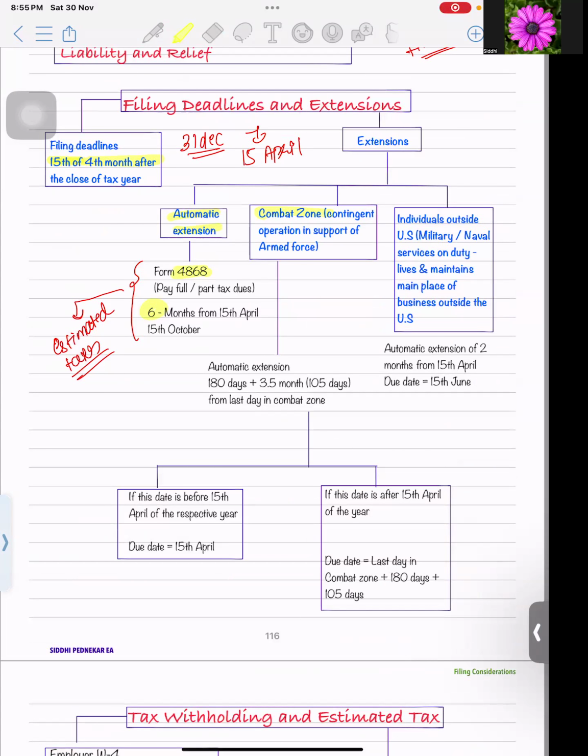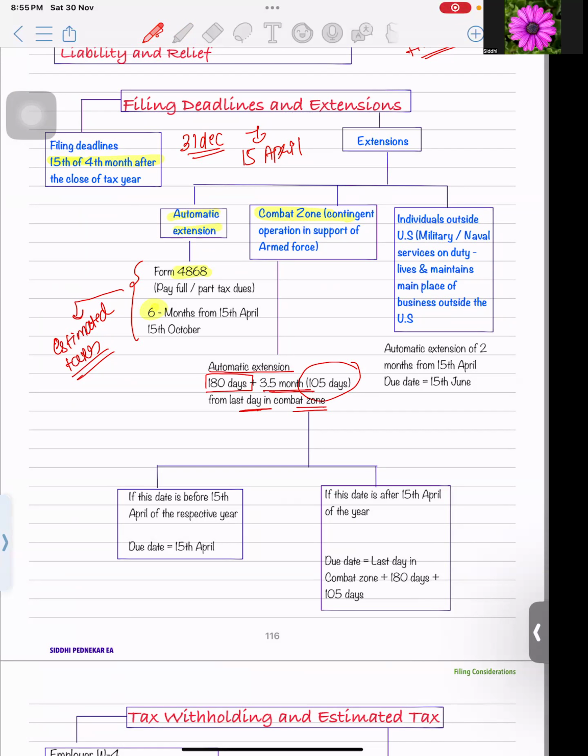If a person is in a combat zone or any contingency or remote zone, then instead of getting a 6 month extension, they will get an automatic extension of 180 days plus 3.5 months extra from the last day in the combat zone. Let's say someone is working in a military zone or a remote area where it's impossible to file the return from there, there is no internet connectivity.